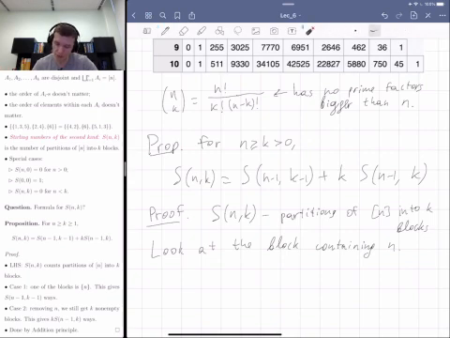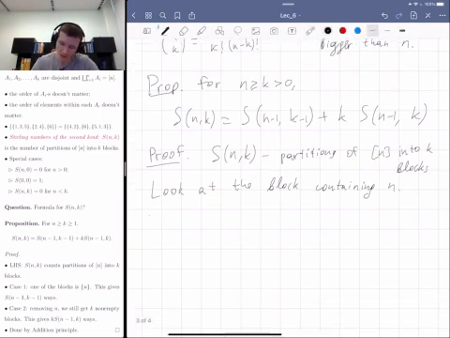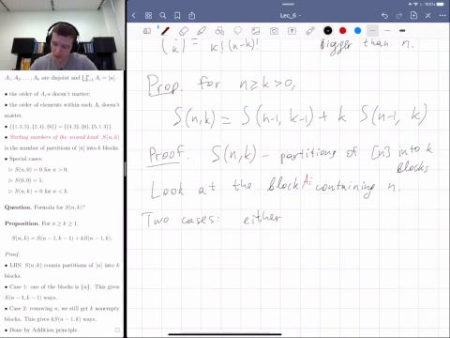All these blocks have to be non-empty, and exactly one of them contains the last element n. And the two cases are: let's say this block is A_i. Either A_i is just n, or A_i is n union some non-empty B_i.